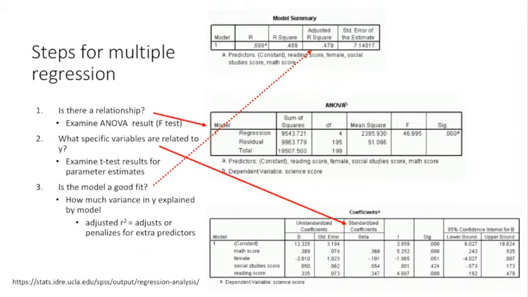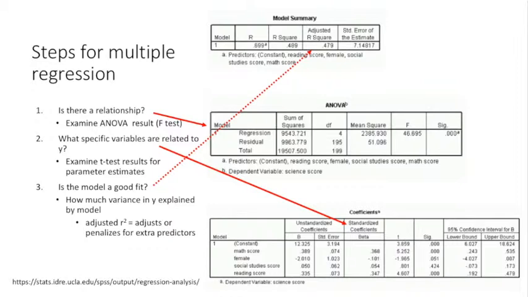I'm sorry, they're trying to predict science scores from reading scores, gender, social studies scores, and a math score. This is where you can include female gender in here. And probably what they did was they coded female gender as 1, and then 0 would be male. So that's what is being referred to in the analysis.